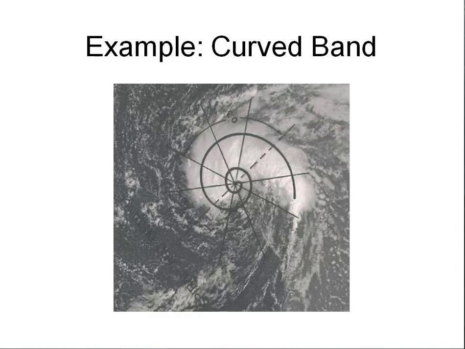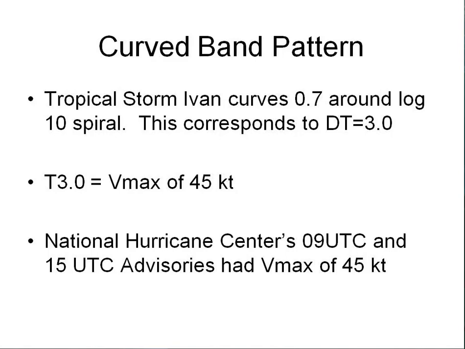The spiral is aligned approximately along the central axis of the curved band, and this puts the spiral center near the tropical cyclone center. The spiral arc distance in this case is 0.7. So with the Tropical Storm Ivan example, the 0.7 spiral arc distance gives a T 3.0 and a maximum wind of 45 knots.